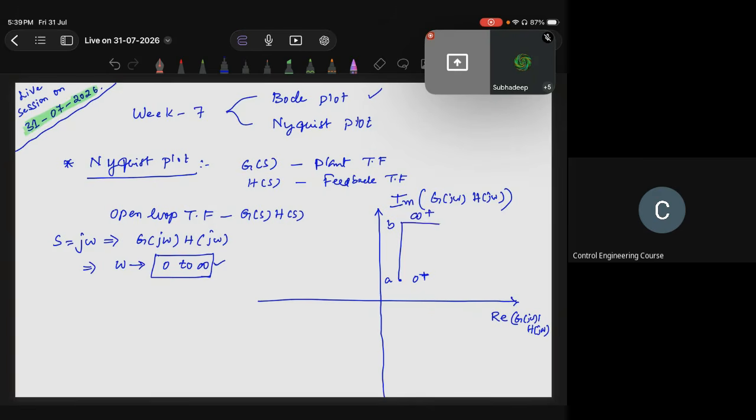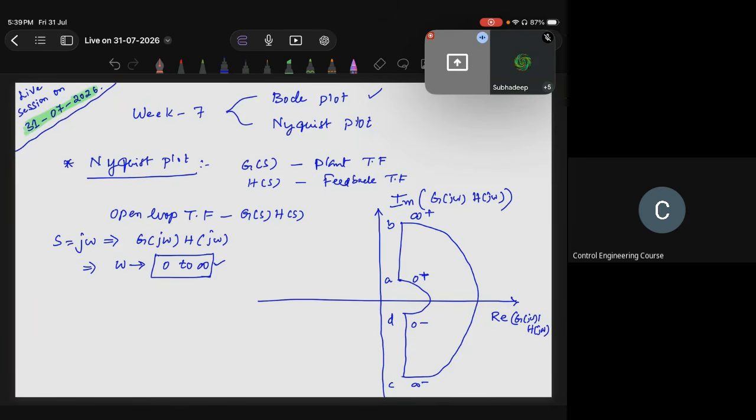Then we go to C, which is infinity minus. Then we go to D, which is 0 minus. Then we come back to A.